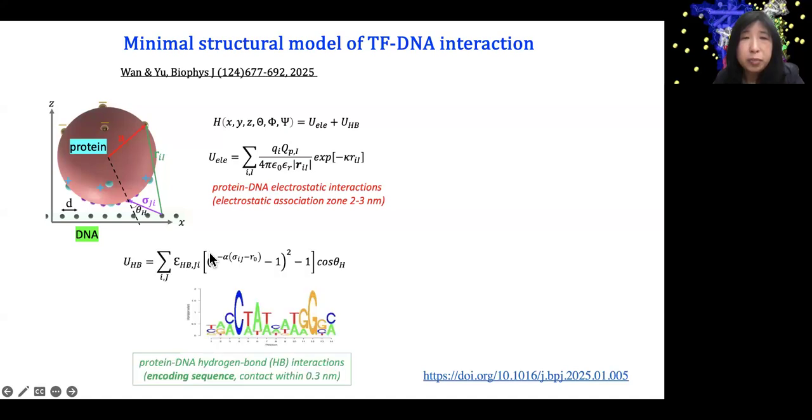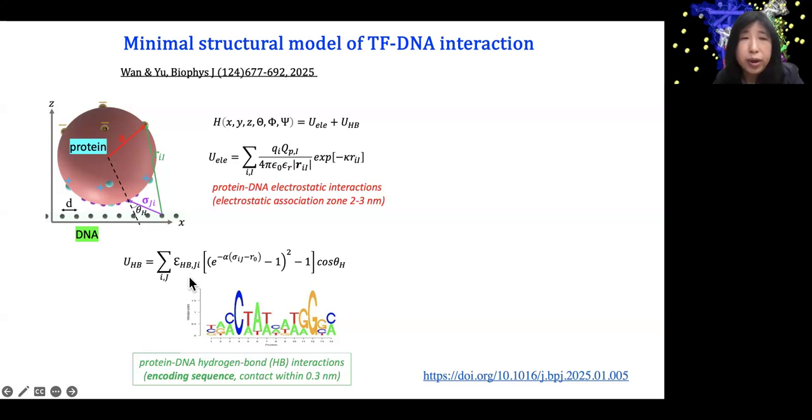And for specific interaction between protein and DNA, we imagine that there are hydrogen bond contacts between protein and DNA. So we model them by this Morse potential with directional dependence.